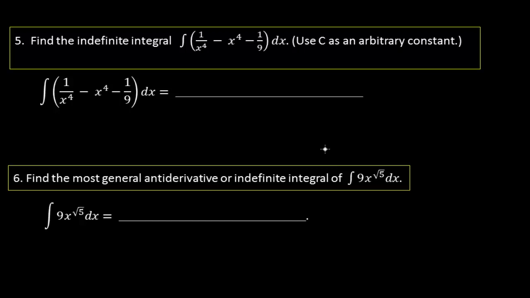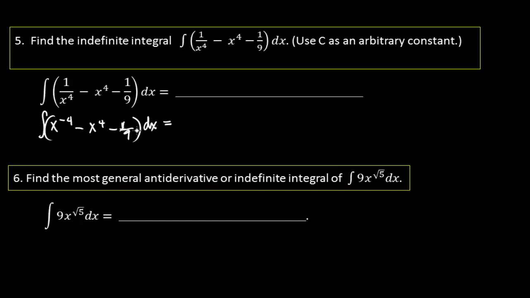So here, this is the same as taking the antiderivative, but now we're just using the integral sign. So the antiderivative is taking the integral of all of this. First of all, let's rewrite it as the integral of x to the negative 4 minus x to the 4 minus 1/9, multiplied by dx.